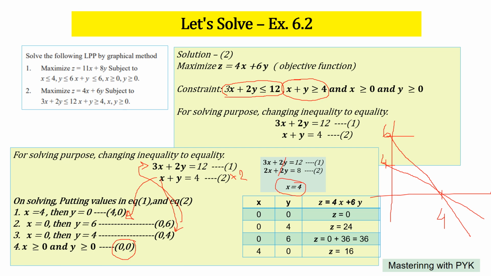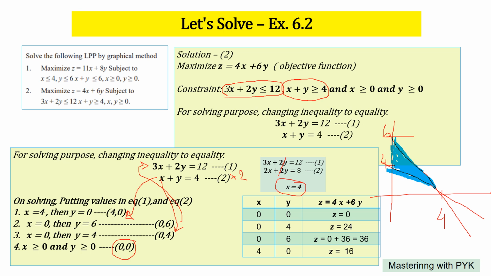Now what does it say? Your equation says that x plus y has to be greater than 4. So I get this zone. This is where my zone lies. And the second equation says that it has to be less than or equal to 12, but then I don't have anything more, so my zone lies here.